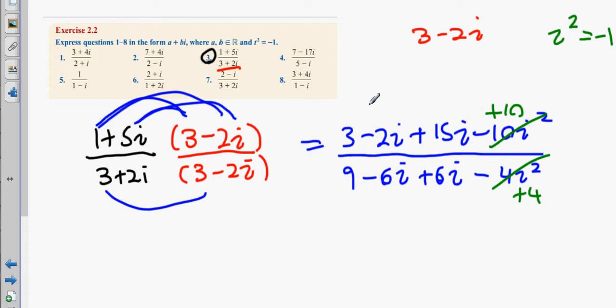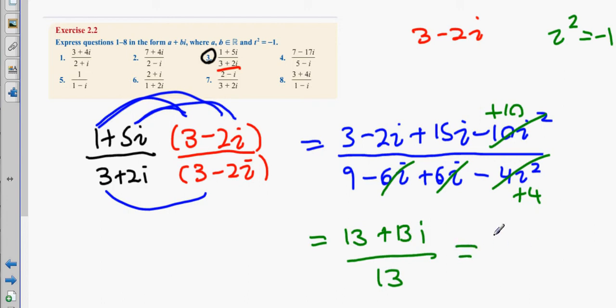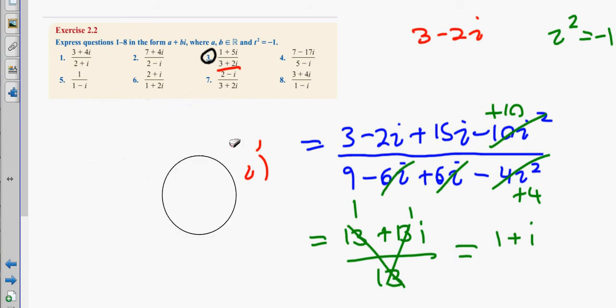So on top we have 10 plus 3, which is 13, and minus 2i plus 15i, which is 13i. On the bottom, the 6i's cancel, and we get 9 plus 4, which is 13. Then we have 13 plus 13i divided by 13, which is basically dividing everything by 13, and we get 1 plus i, because 13 divided by 13 is 1, and 13i divided by 13 is 1i. So that's basically the use of the conjugate.